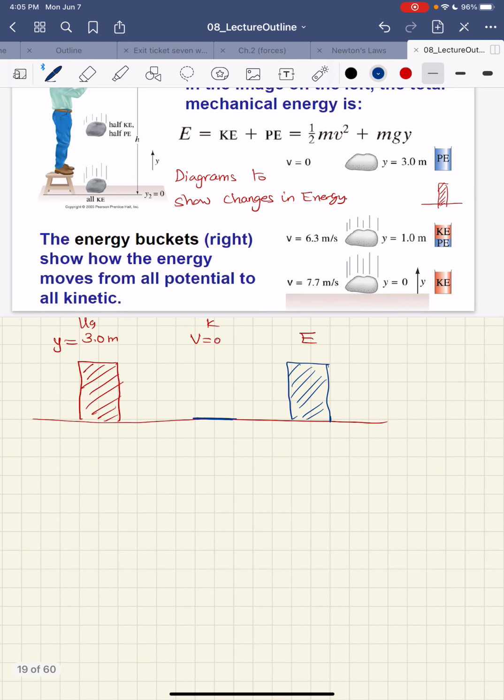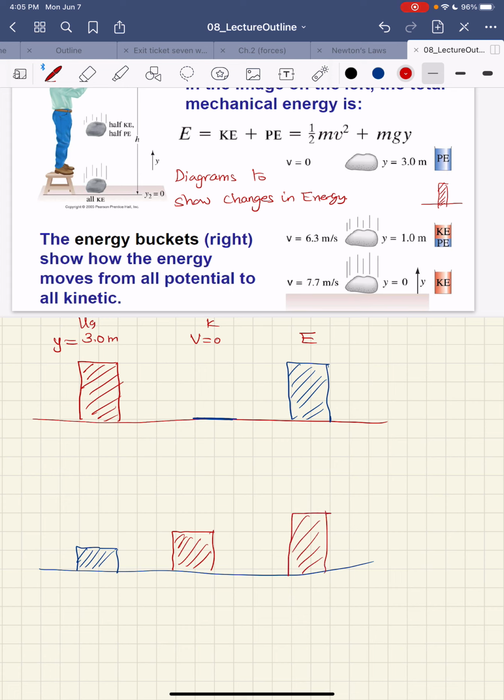When the object reaches somewhere in the middle, or maybe not exactly in the middle, any point here, then I will have UG only 1/3. Then the 2/3, what will they be? Kinetic.